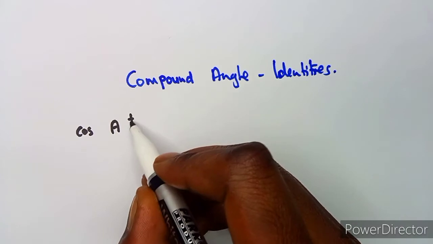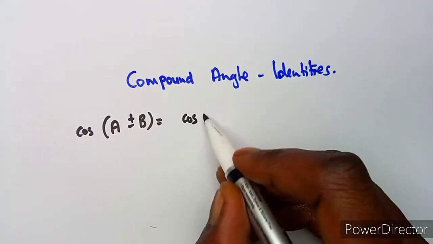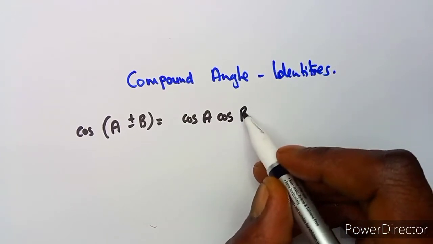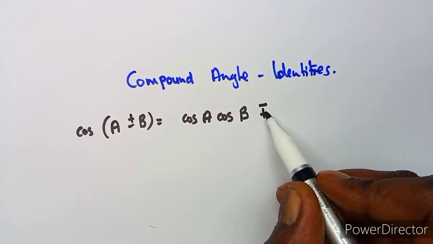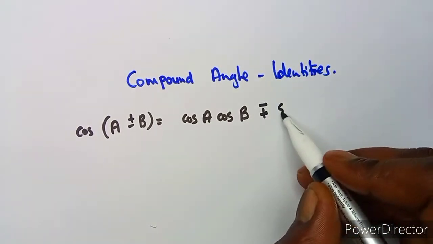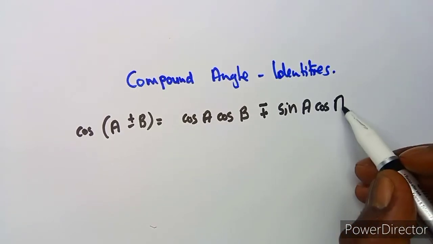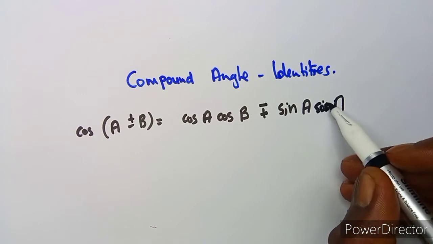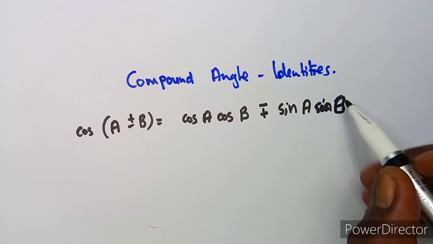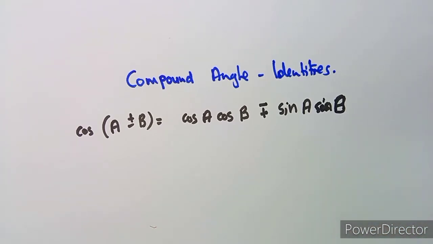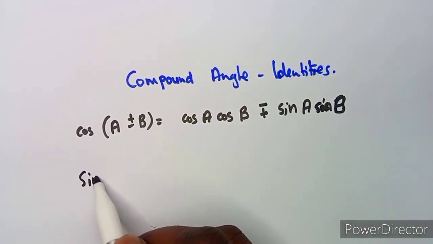You're given cos(A plus or minus B), which is equivalent to cos A cos B, and you interchange when it's a cos, so it will be minus plus, sine A sine B. So you just interchange this part.